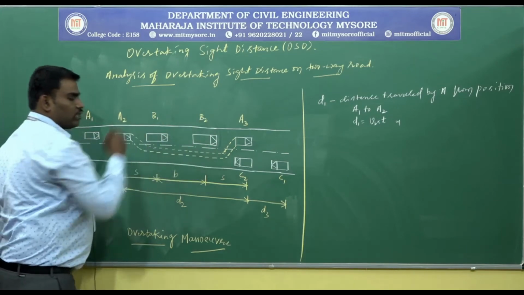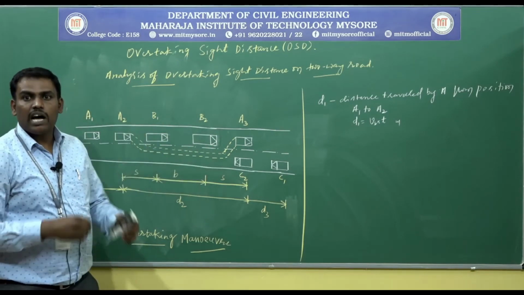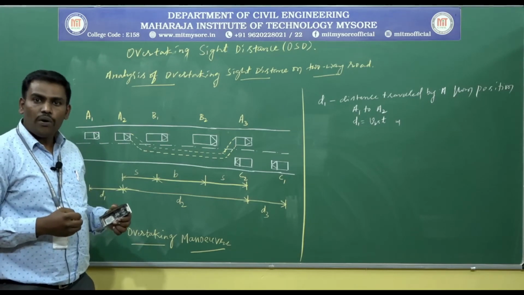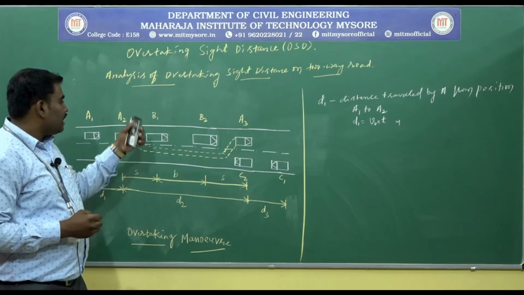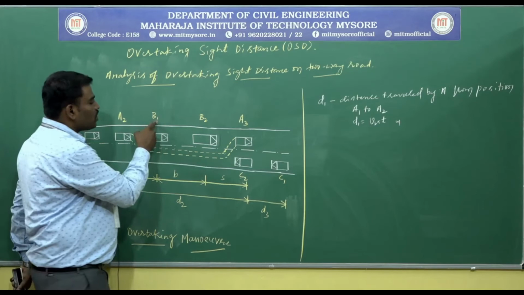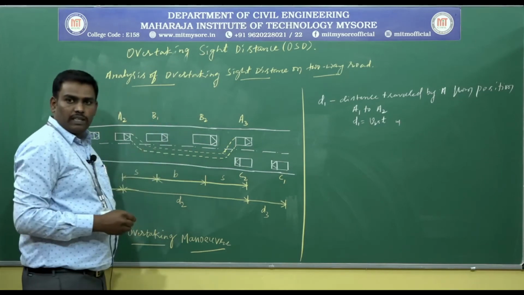During the course of the overtaking time, the slow moving vehicle B travels from position B1 to B2.